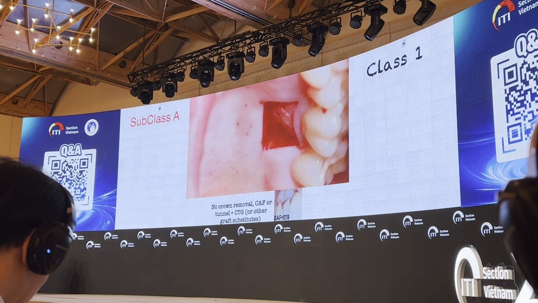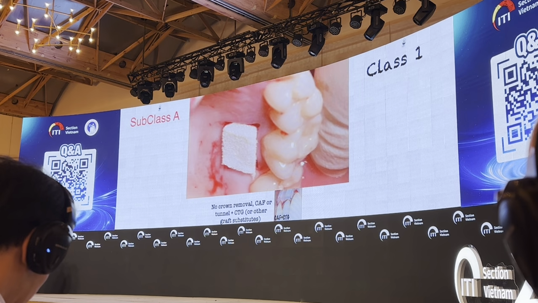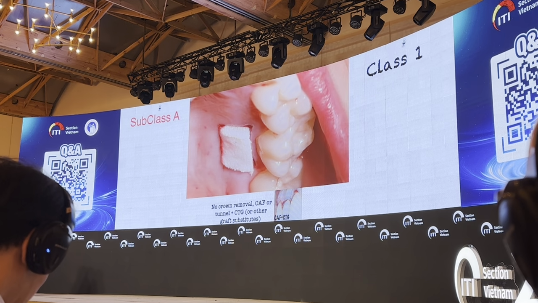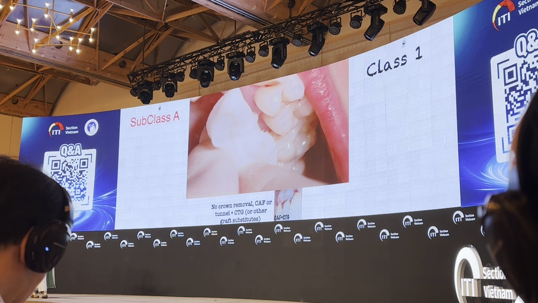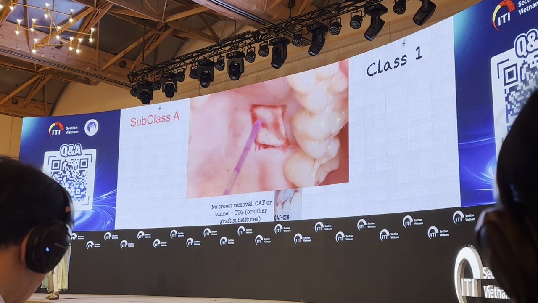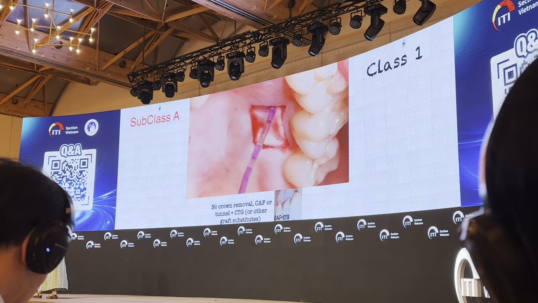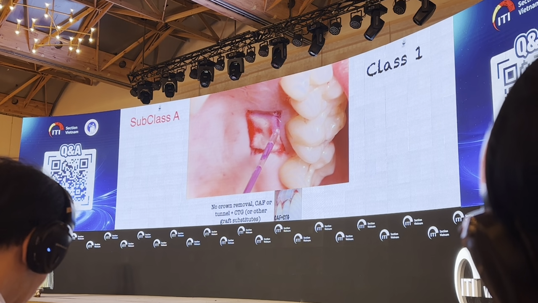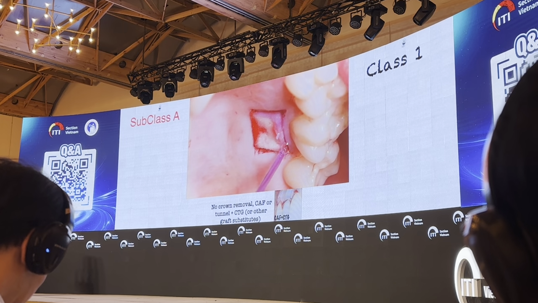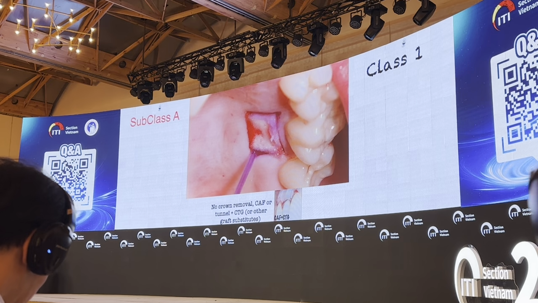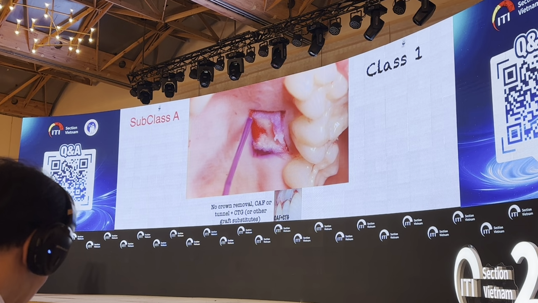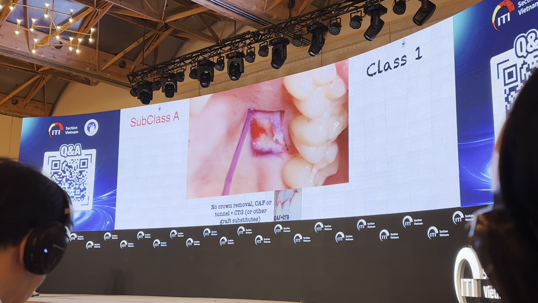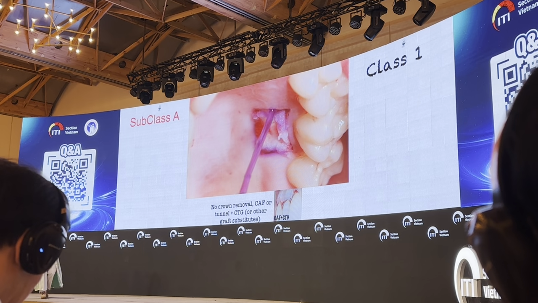And as you can see, this is what happens on the palate. There is almost no bleeding anymore. I always take care of the palate when the buccal aspect is finished. And in that specific case, I don't even have to apply any suture, just a collagen sponge and this cyanoacrylate, which makes this procedure very easy and not time consuming.